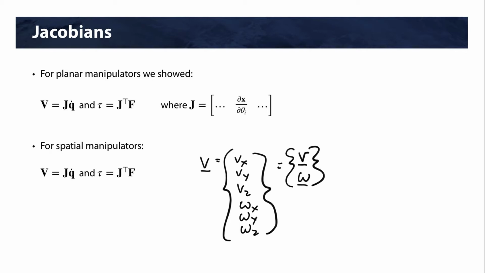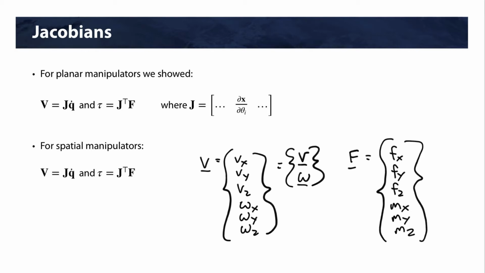As well, our wrench F in this case will have 3 forces in the x, y, and z directions, as well as 3 moments about the x, y, and z axes. So we're going to look at how we can find this Jacobian for the spatial case, and there are 2 approaches for doing that.